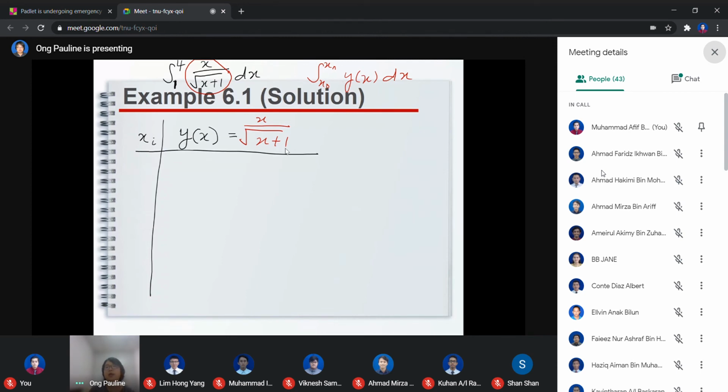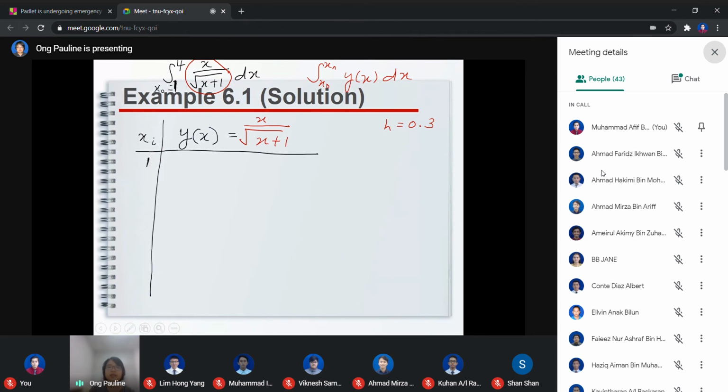All right. So previously we know that by choosing n equals to 10, you have the step size h equals to 0.3, right? So meaning that we start from the lower bound, which is 1.